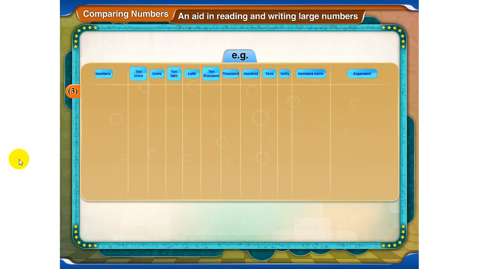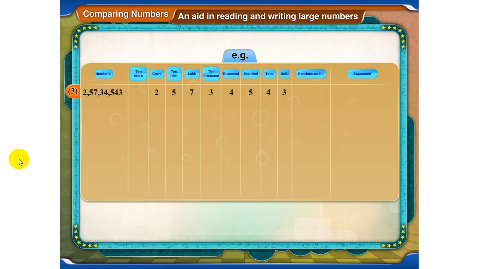3. In 2,57,34,543, 3 is in units place, 4 is in tens place, 5 is in hundreds place, 4 is in thousands place, 3 is in 10,000s place, 7 is in lakhs place, 5 is in 10 lakhs place, and 2 is in crores place.